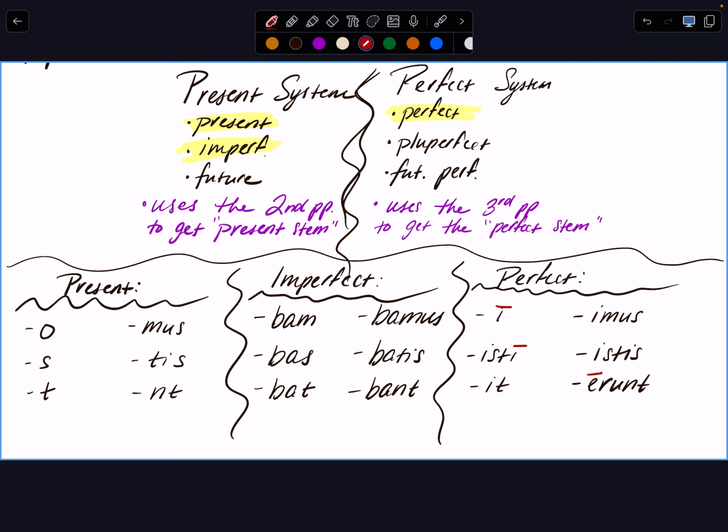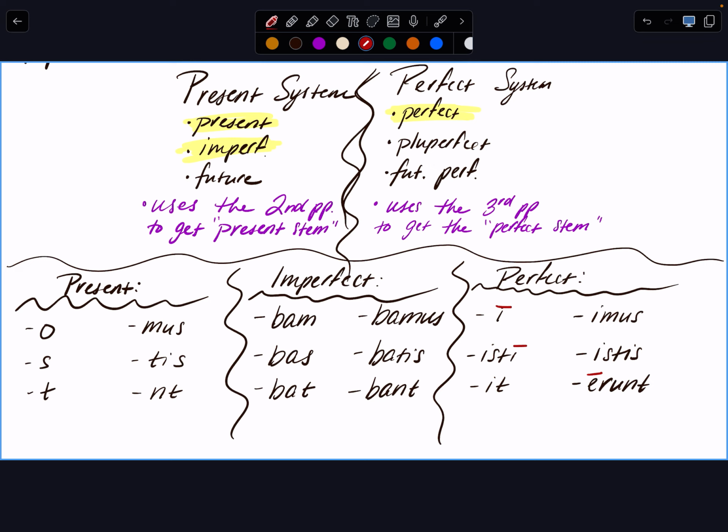Yes. Those are the pluperfect endings. Well, it's a little confusing because in the imperfect tense, the verb to be, the form itself is erant.